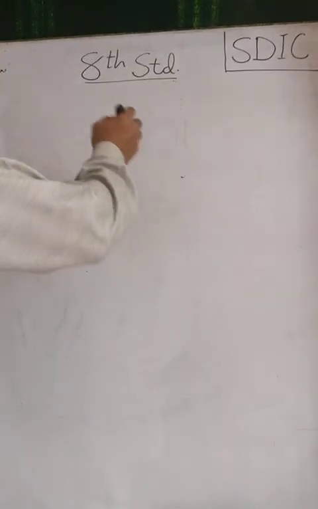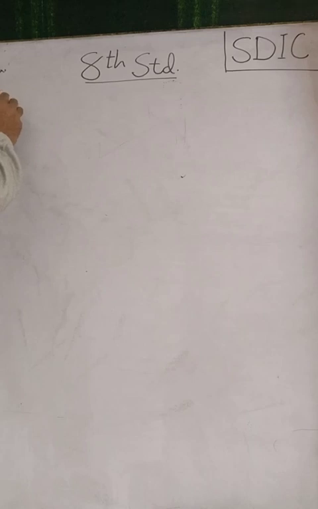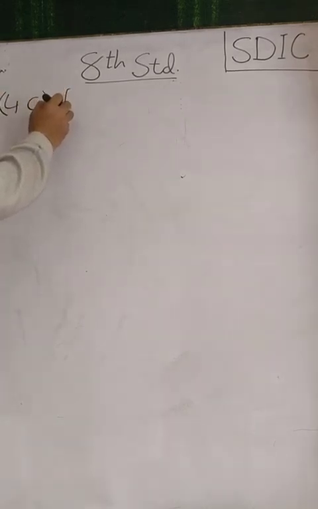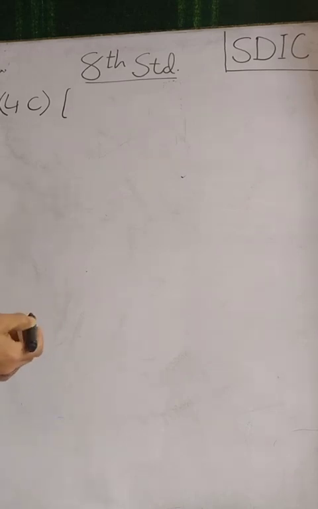So we have question 4 part C. We'll use two brackets for two expressions. And in the first bracket, we'll write the expression which is after "from".